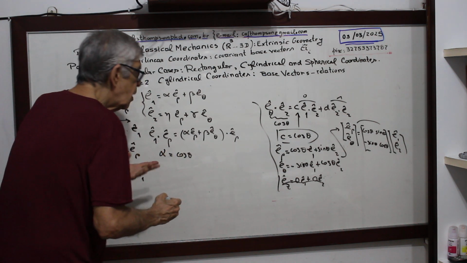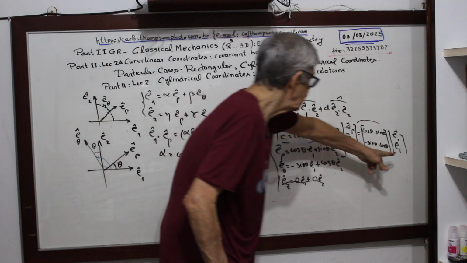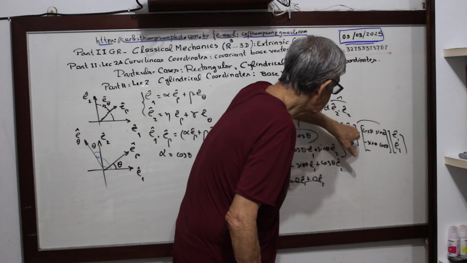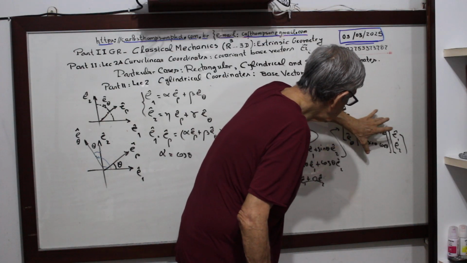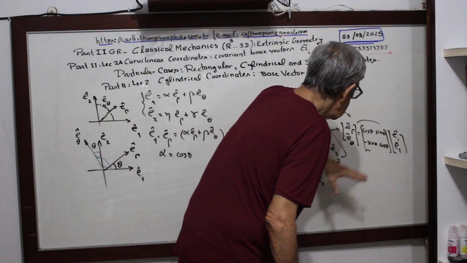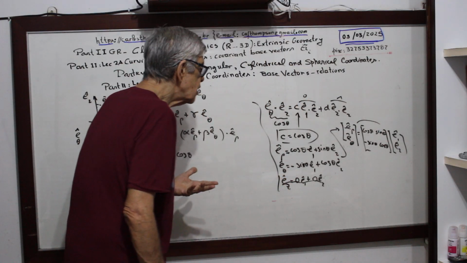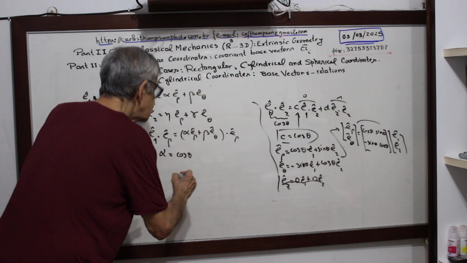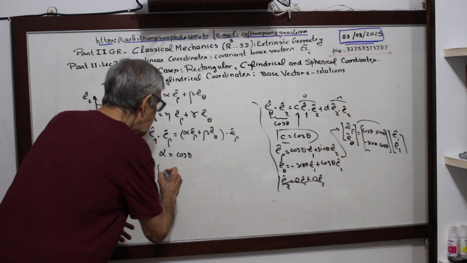Okay? You see, the matrix that relates the Cartesian to cylindrical is just, in this case, the inverse of this. Okay? Since they are orthonormal, the inverse is equal to the transpose. So the answer is this. It's easy, okay? No problem.